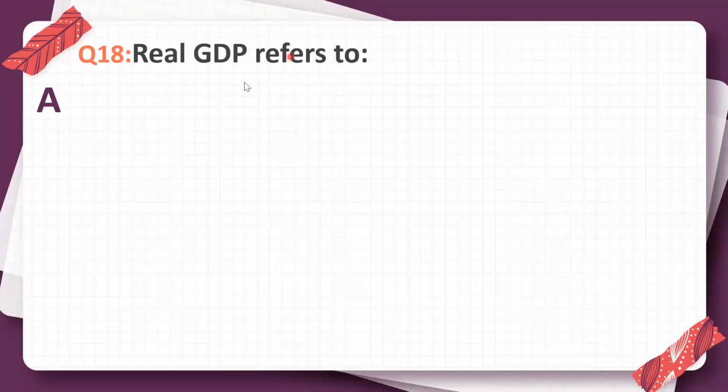Question 18. Real GDP refers to, so we have two meanings. We had nominal GDP, we had the real GDP.